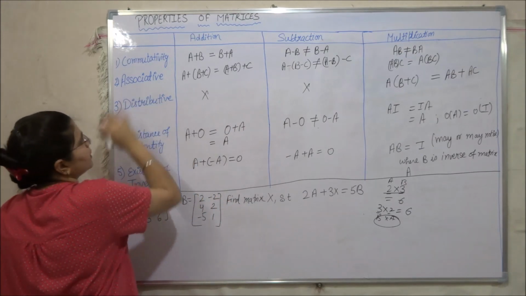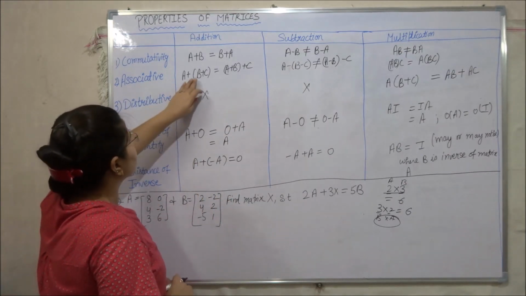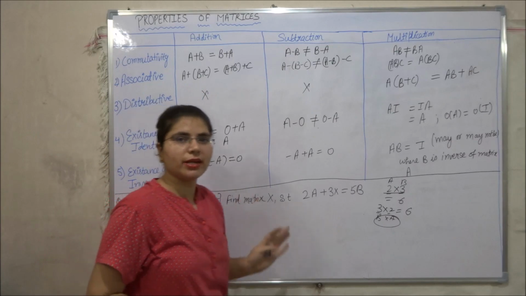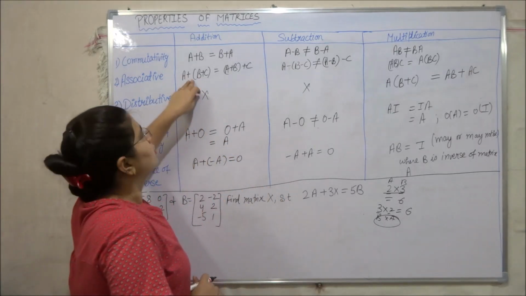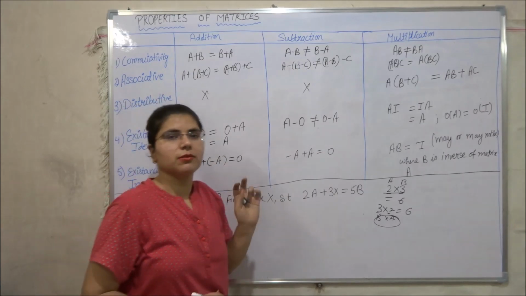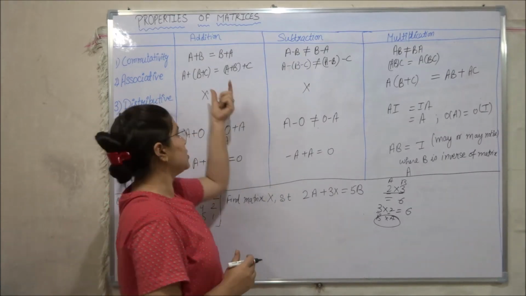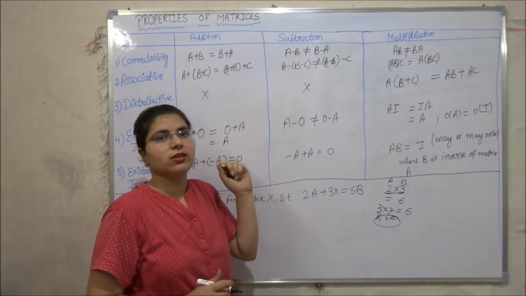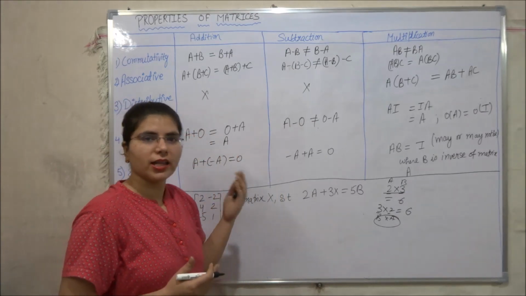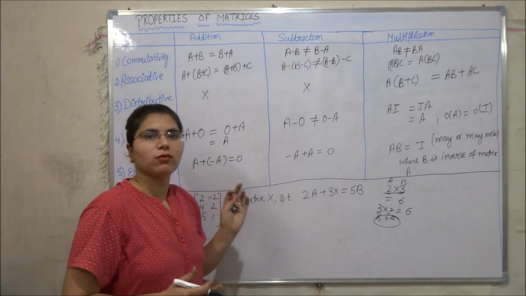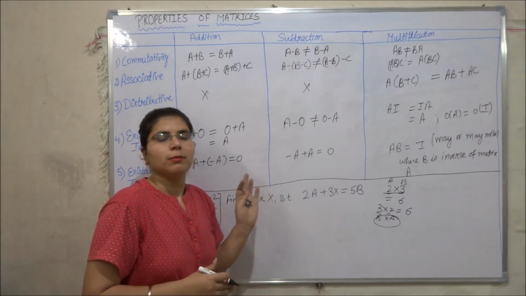Now second property, associative, that is whenever we are taking three matrices A, B and C. Note down, under addition all the matrices which are under the operation of addition have same order and their corresponding elements are added. These rules we had done in a previous part.